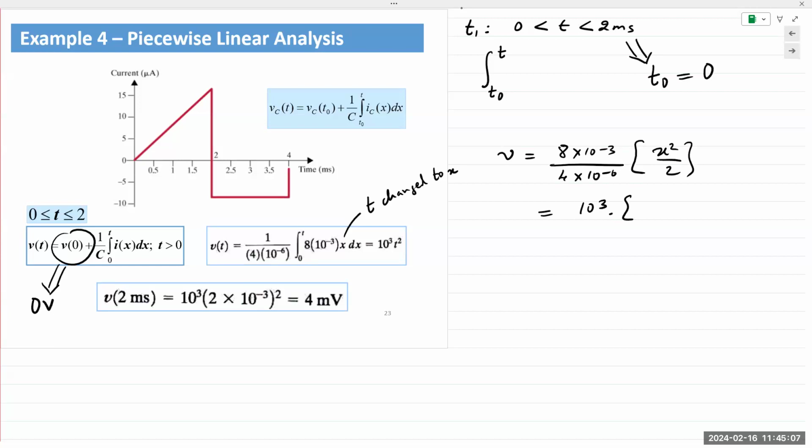Then you plug in limits of the integral, 0 and t. You end up with t squared. And that's the answer, 10 cube t squared. So voltage can be described by the expression 10 cube t squared between 0 and 2 milliseconds.